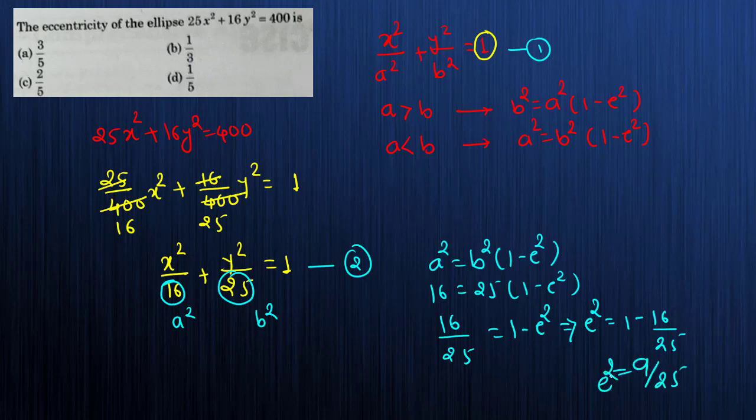This is nothing but e square. If I take the square root, you will get e equals 3 by 5. Always remember that eccentricity is always less than 1 and it is always positive.